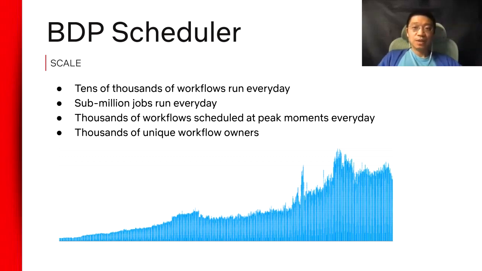One lesson we learned is that in this scale, we may experience many unexpected problems. For example, we found that there is a large load spike at midnight every day. Thousands of workflows are scheduled to run exactly at midnight. We talked with those workflow owners, and many of them were okay to start execution at a different time.